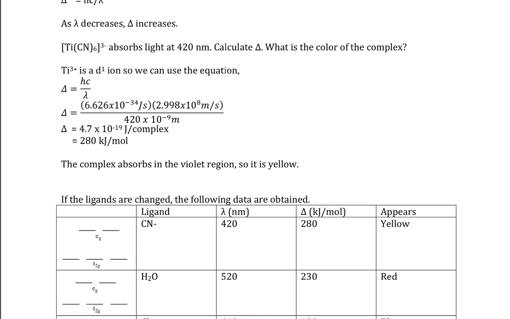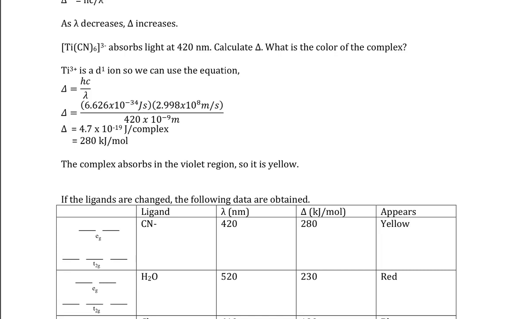And now we have to convert the wavelength into meters to make units work out. So we have 420 times 10 to the minus 9 meters, because nano is 10 to the minus 9. When we do the division and multiplication, we get delta equals 4.7 times 10 to the minus 19 joules. That would be joules per complex.